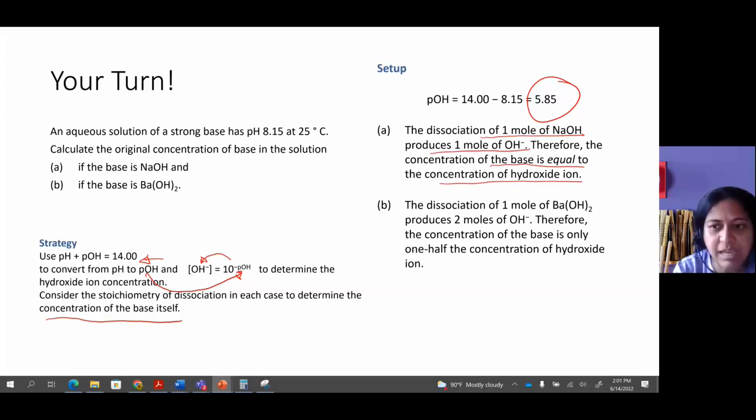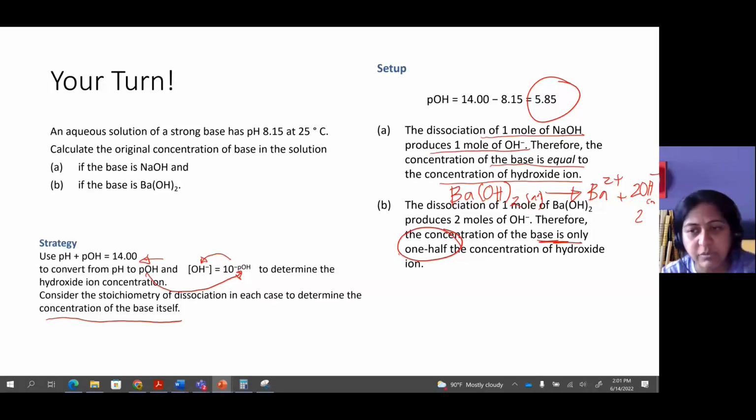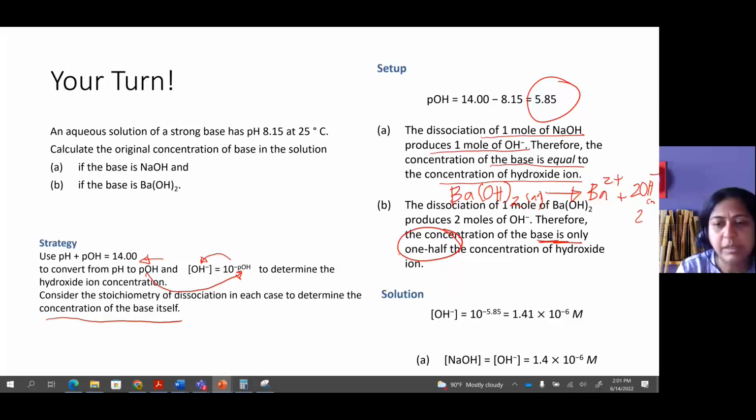In barium hydroxide, we already talked about its ionization in the previous slide. It produces 2 OH minus. Therefore, the concentration of the base is only 1/2 of the concentration of hydroxide ions. So we use the pOH to calculate the OH minus concentration, and the sodium hydroxide concentration is equal to the hydroxide concentration.